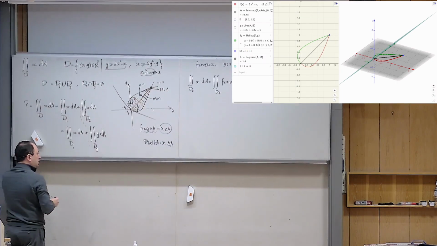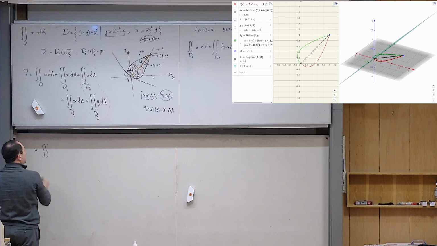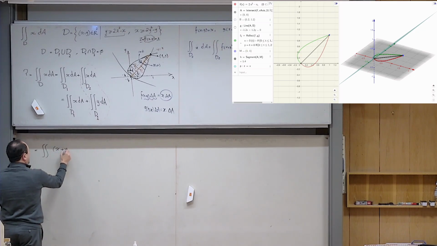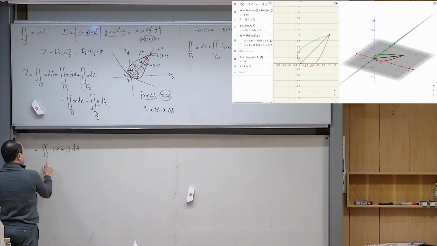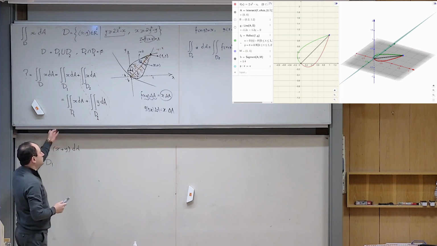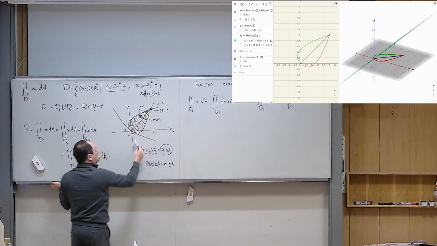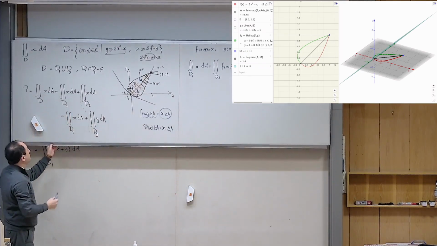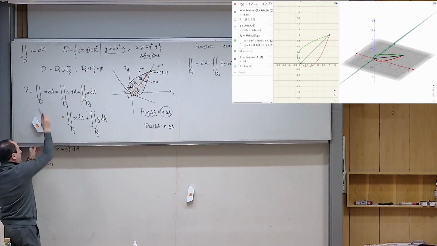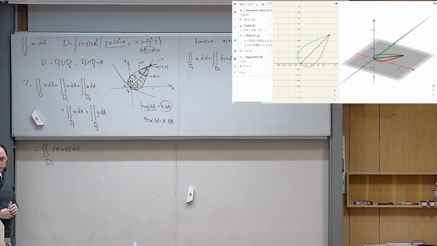Yes, so I can write the double integral of x plus y dA on domain only D1. Yes, so that is domain D1. So this means that I have to calculate my integral only on domain D1, but not of the simple function x, a little bit more complicated function x plus y. So that's the idea. That is the symmetry argument behind that.